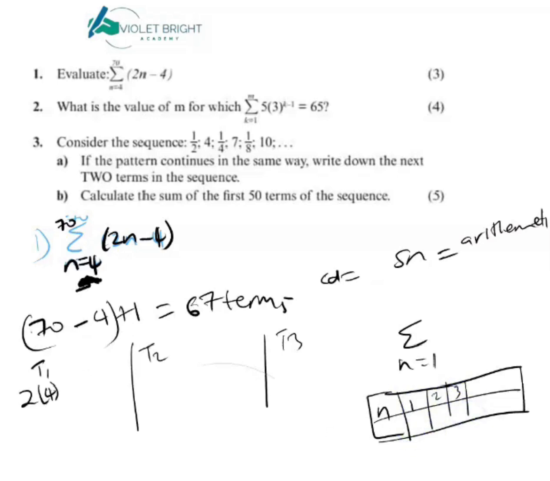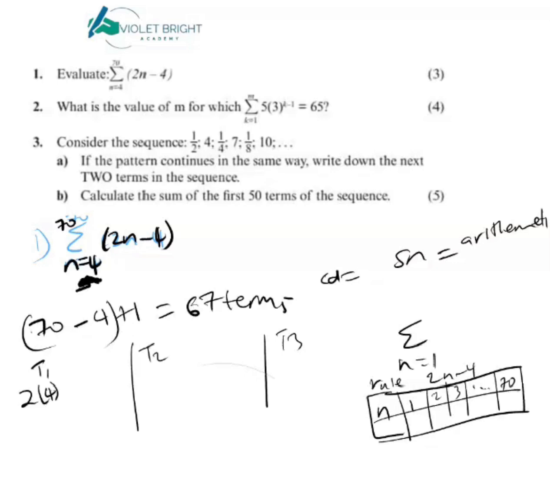Whenever our lower limit is 4, up until 70, it shows that it goes from 4 till 70. But now, the rule, remember, is 2n minus 1.